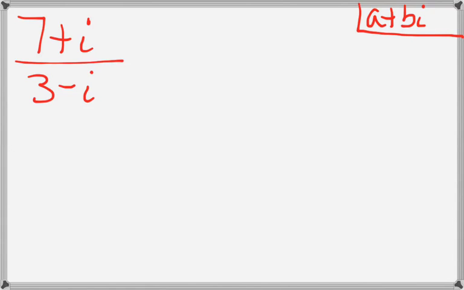So what we need to do is we need to make our denominator a real number, whereas right now it's an imaginary number. So the way we do that is we multiply that denominator by its complex conjugate, because we know that if we do that, the result will be a real number and we won't have any i's in the denominator anymore.